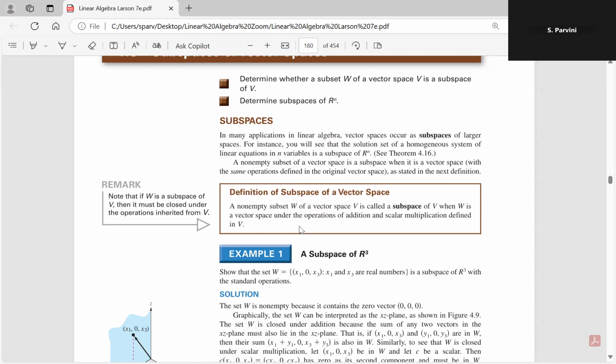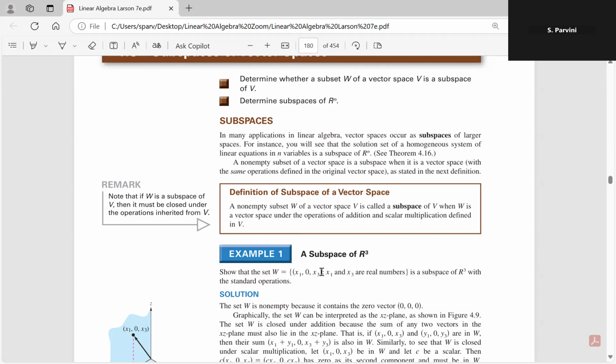But let me clarify it. Remember, we had 10 axioms, right? 5 for addition, 5 for scalar multiplication. It inherits all of them except two. And I'll show you which ones it does not inherit that we have to verify ourselves.